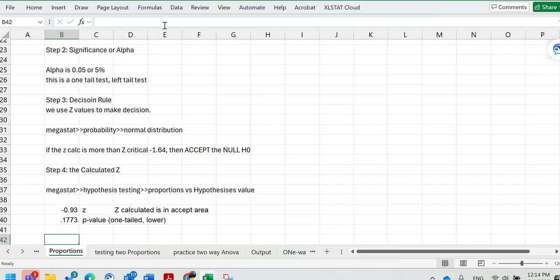Another way is to look at the P value. If P value is more than alpha, accept the null.